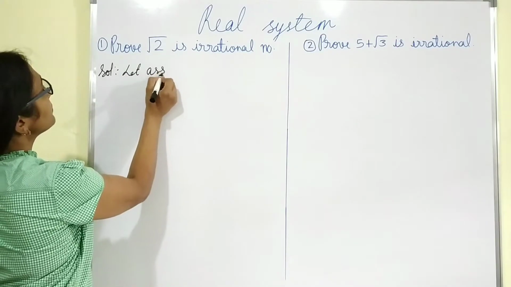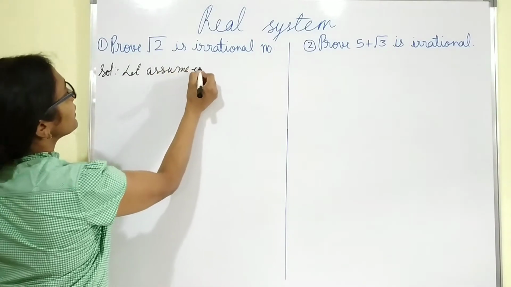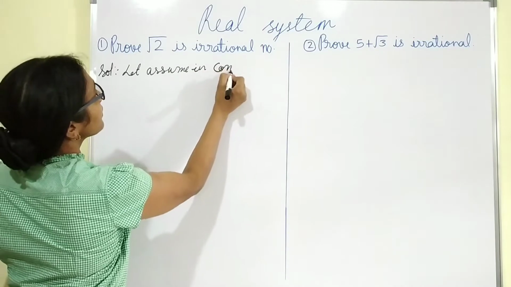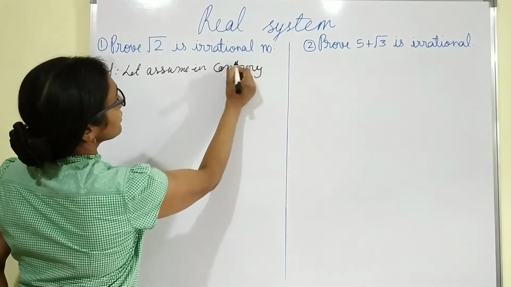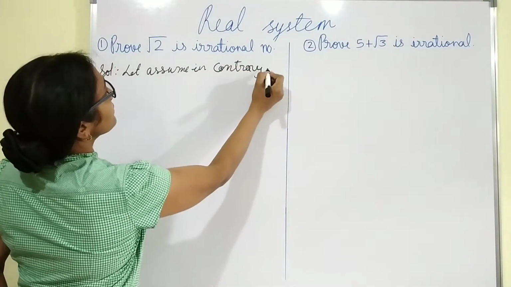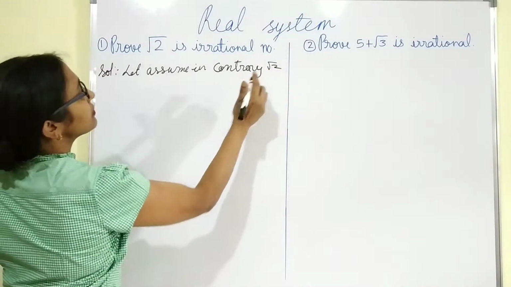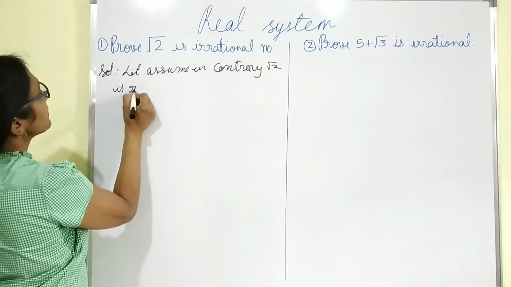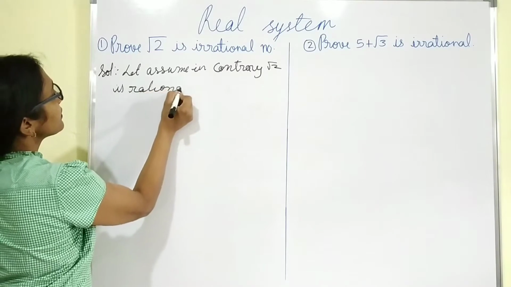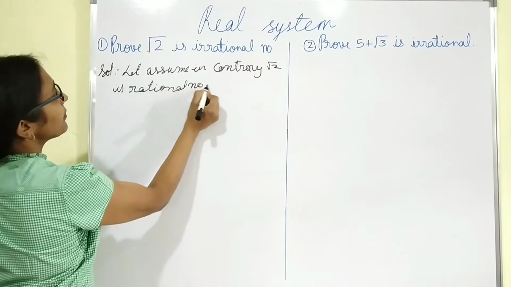So, let us assume, on the contrary, root 2 is a rational number.